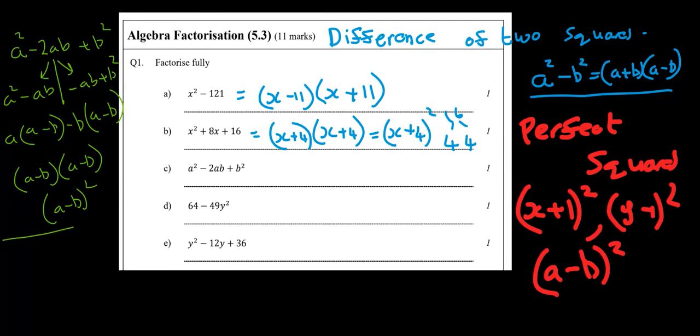And we should recognize that a plus b squared is square the first, square the last, and double the product. And similar with a minus b squared. And that's what we have here.